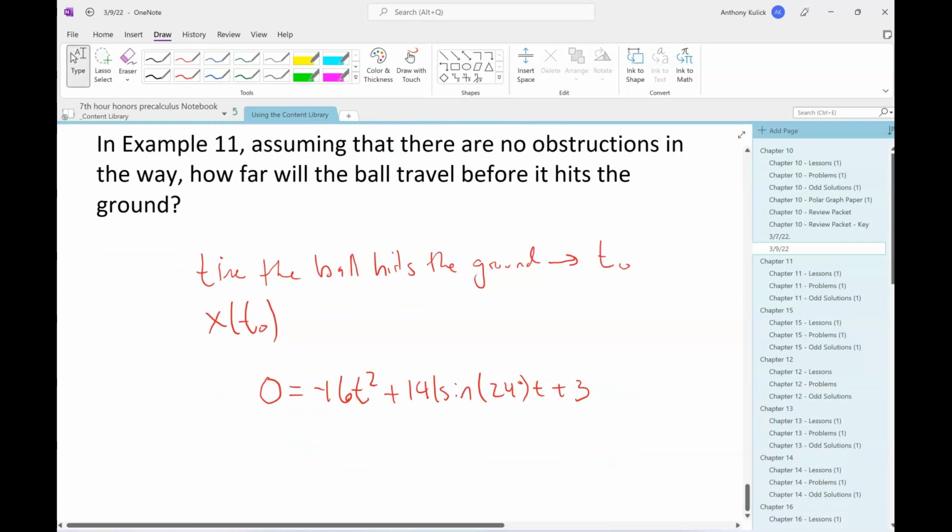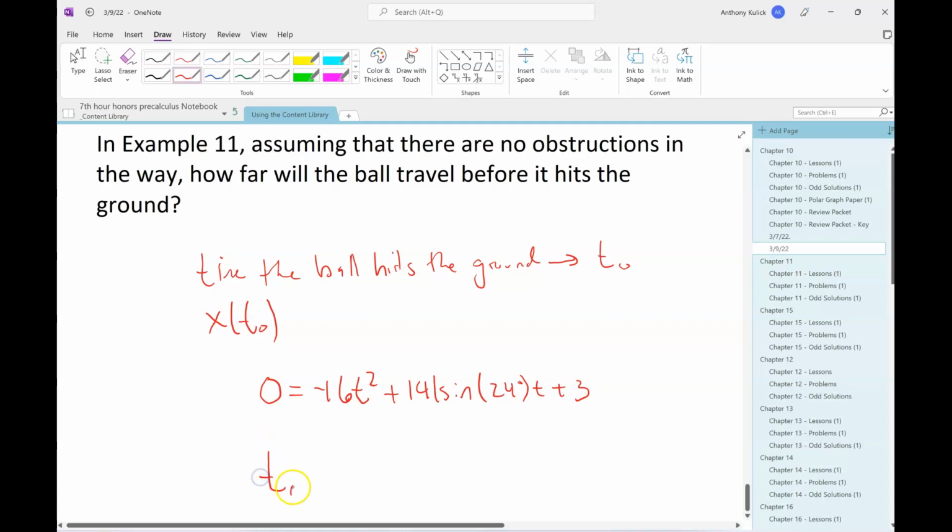So what kind of an equation do we have here? Quadratic. How do we solve a quadratic equation that looks like this? Got to use that quadratic formula.